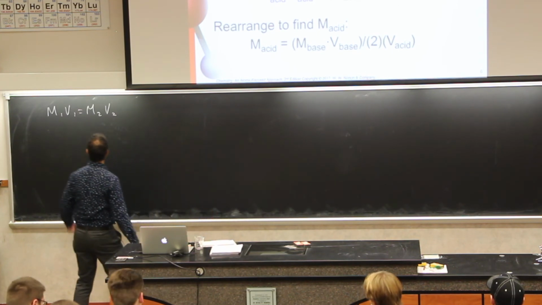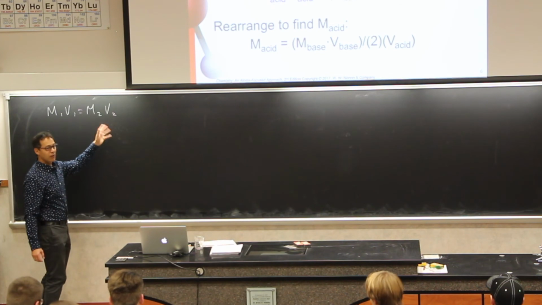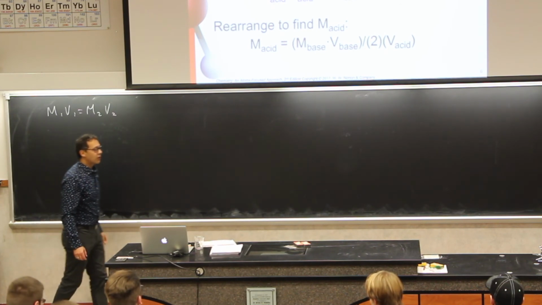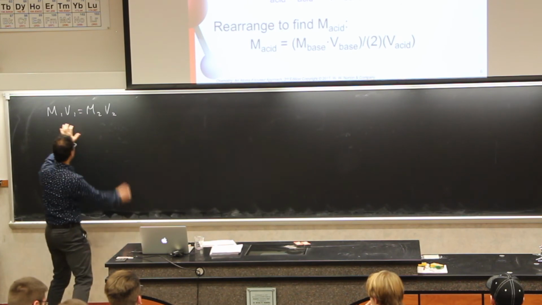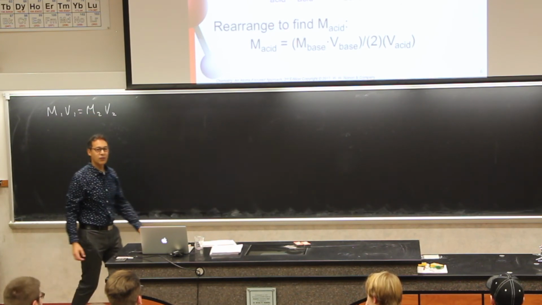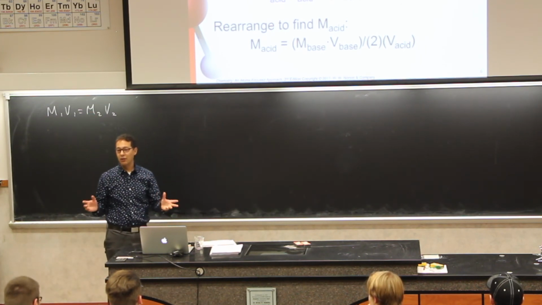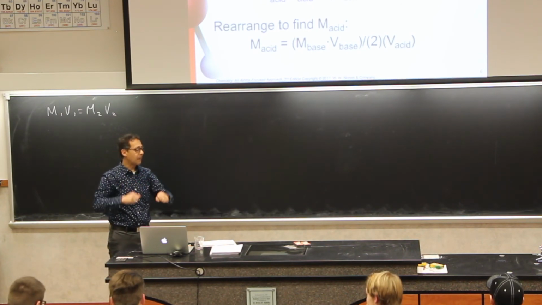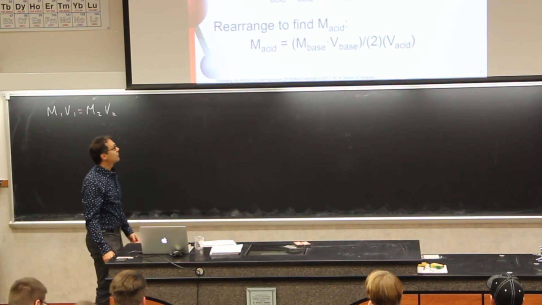The number of moles of acid is equal to the number of moles of base. And so that allows us to do a reaction like this. It allows us to use this equation, which makes our lives a little easier. We couldn't do it in the last problem because we didn't have an equivalence point. But we can do this with acids and bases.